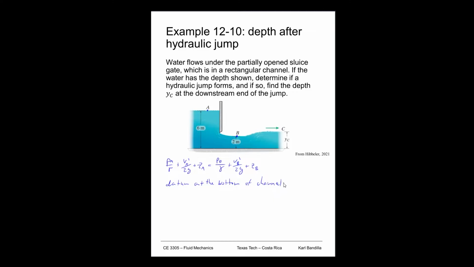What does that mean? That means ZA is equal to 6 meters and ZB is equal to 2 meters.